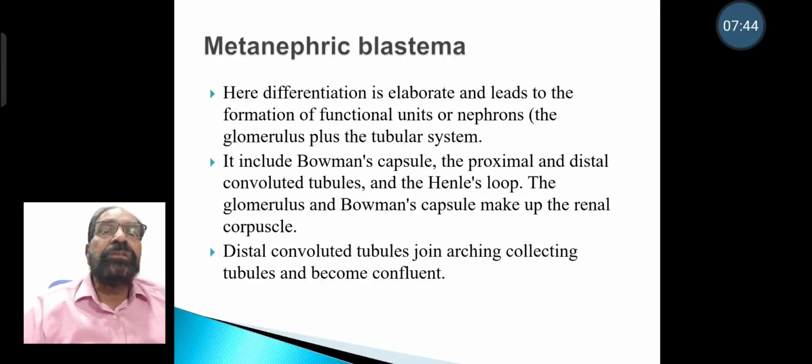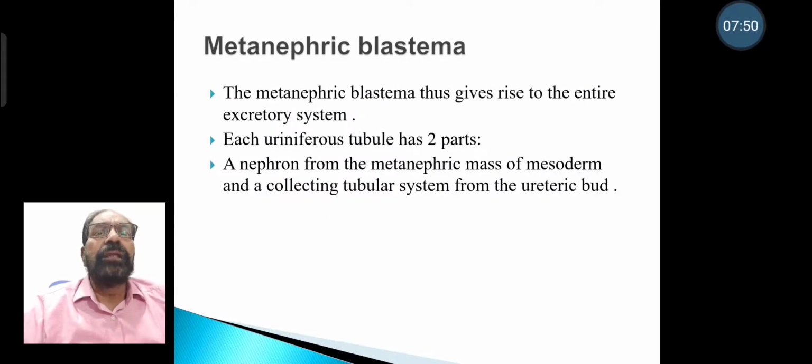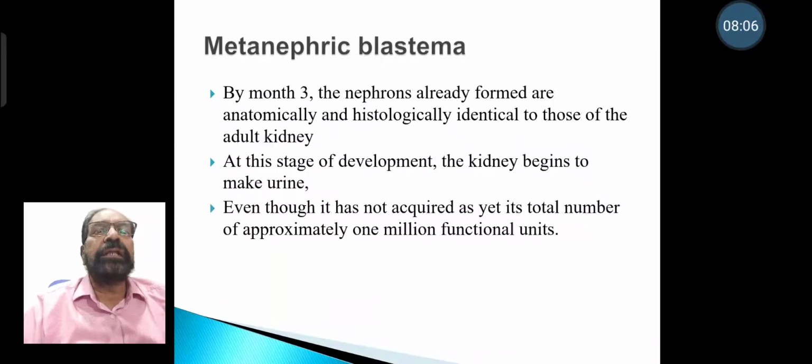The distal convoluted tubules join the arching collecting tubules and become confluent. The metanephric blastema thus gives rise to the entire excretory system. Each uniferous tubule has two parts, the nephron from the metanephric mass of mesoderm and the collecting system from the ureteric bud.